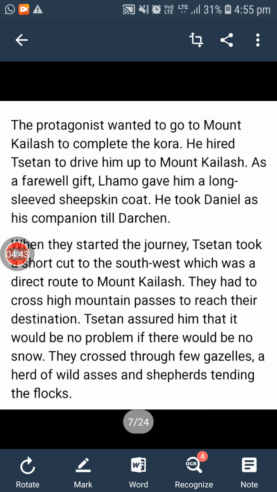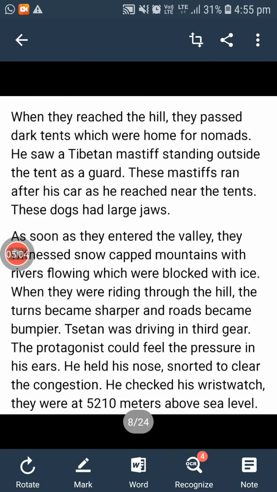They had to cross high mountain passes to reach their destination. Tsetan assured him that it would be no problem if there would be no snow. They passed a few gazelles, a herd of wild asses, and sheep tending the flocks.